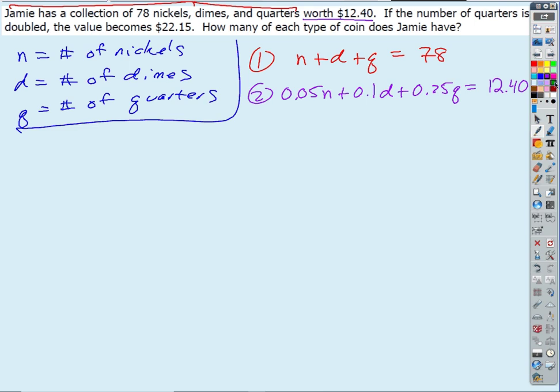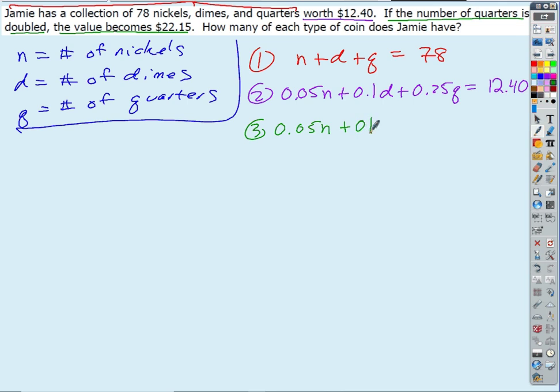Okay, last equation: if the number of quarters is doubled, the value becomes 2215. So you just do the same thing. That's going to be kind of tricky, right? If we just doubled the number of quarters that she had, that's what the value would become. So what happens to equation 2 then? We have the same number of nickels, so the value of the nickels is the same.